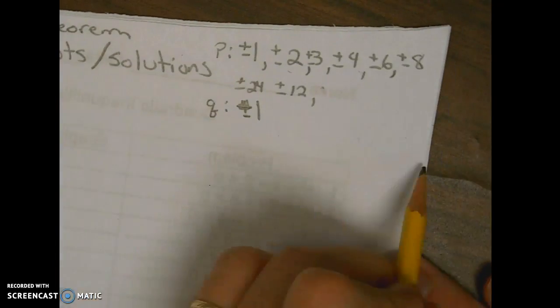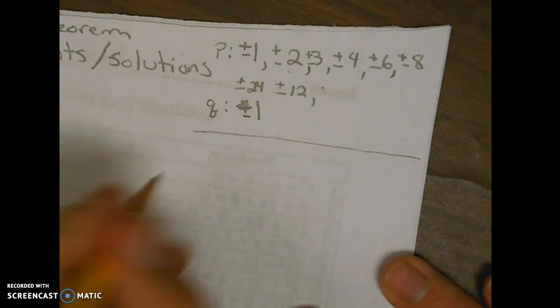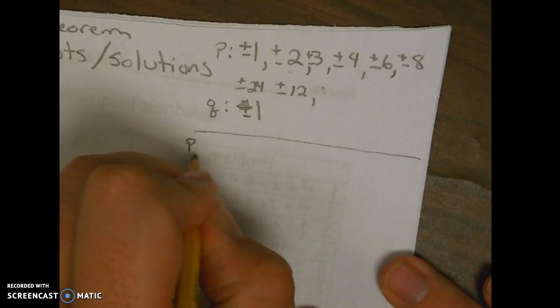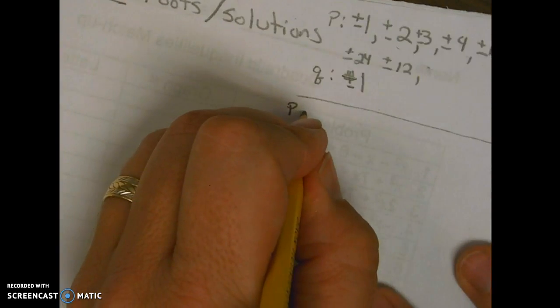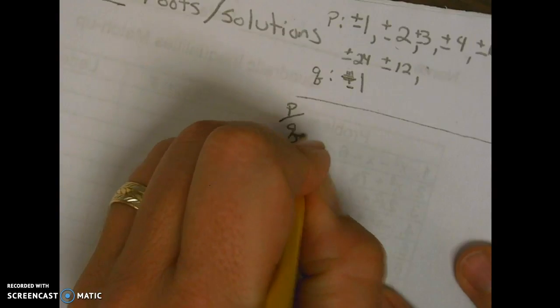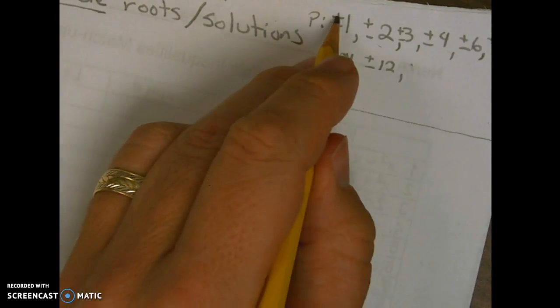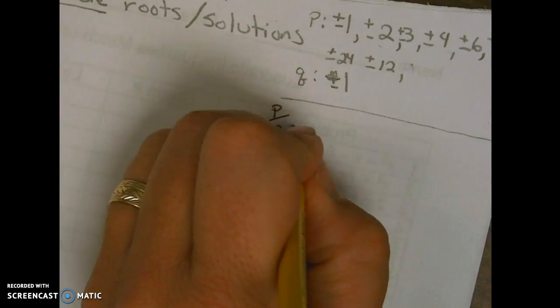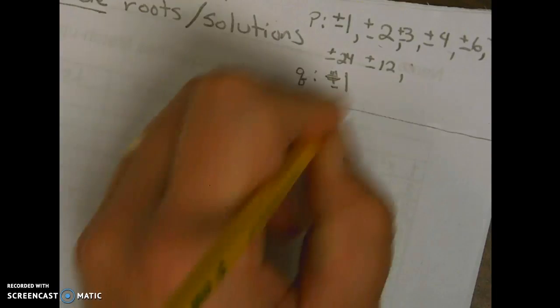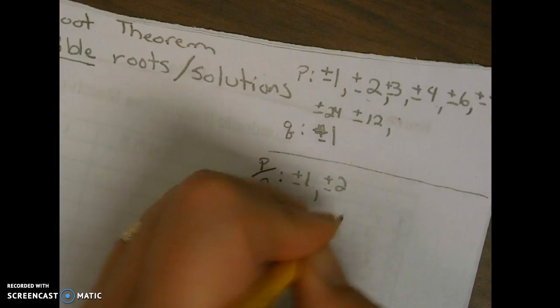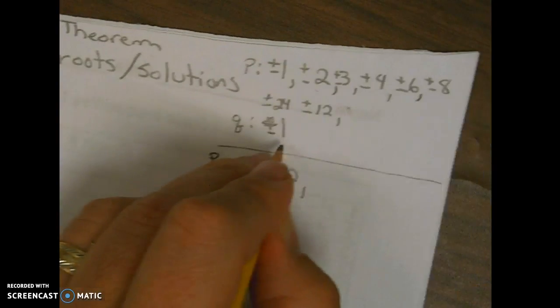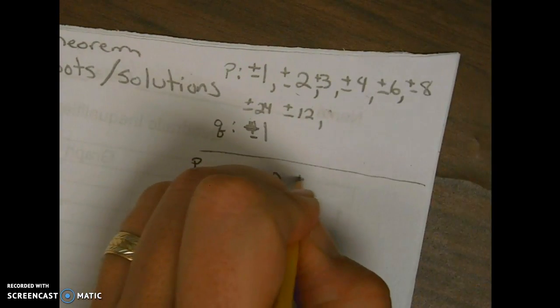Now, once you've done all that, here are all the possible roots. Now remember, possible doesn't mean that they're all roots. You put p over q. So 1 over 1, that would be 1. 2 over 1, well, that would be 2. 3 over 1, well, that would be 3.